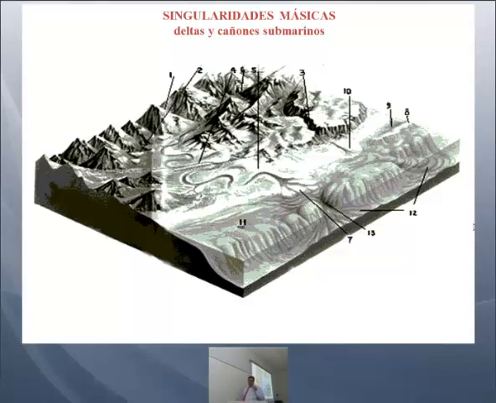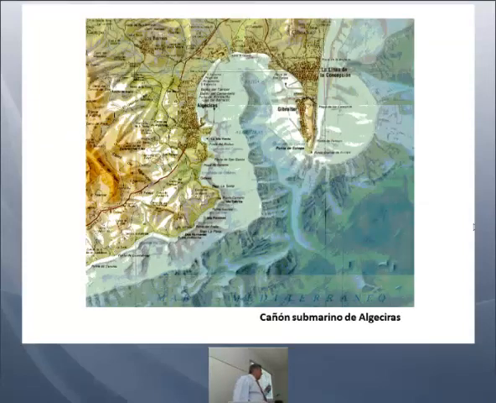So we are used to looking at the sea as a two-dimensional surface, but it is not. The land has land and air, and the sea has land and water. The difference is that the density of water is 1,000 times higher than the density of air.